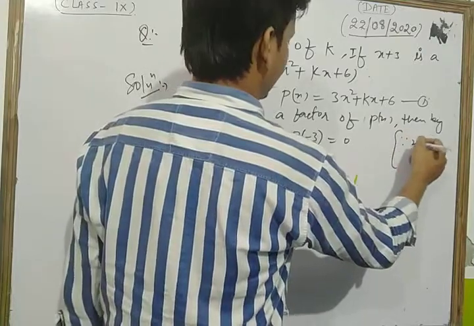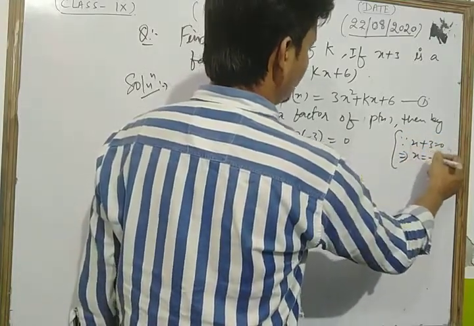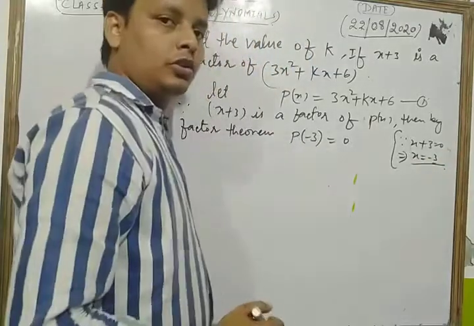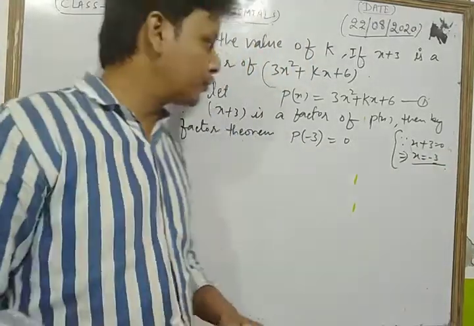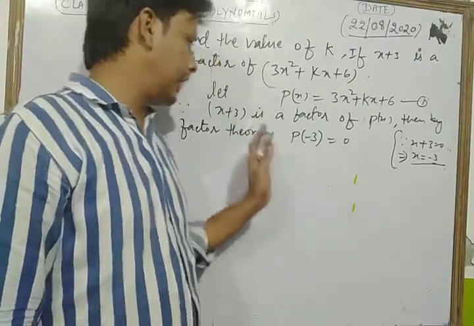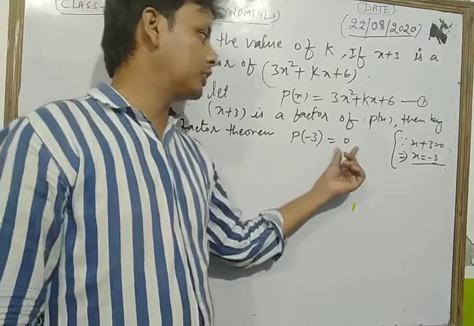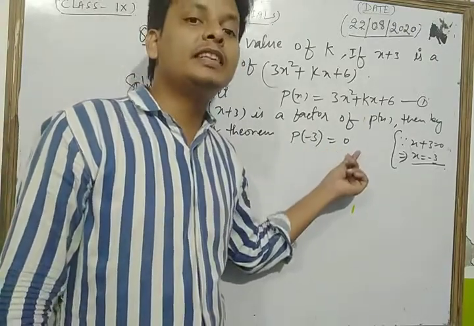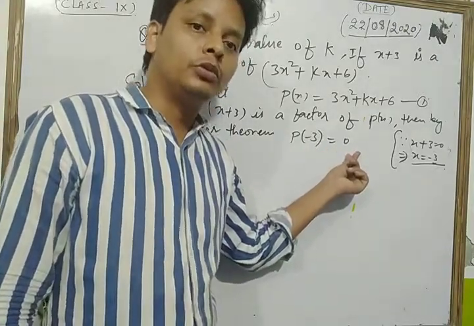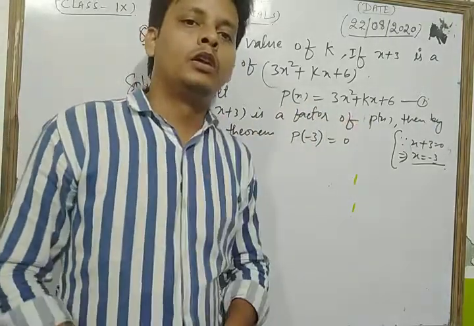Because if we take x plus 3 equal to 0, then we get x is equal to minus 3. So dear students, in this way, since x plus 3 is a factor of p(x), by the factor theorem p of minus 3 must be equal to 0, meaning its remainder must be equal to 0. Then we can say that x plus 3 is a factor of the given polynomial.